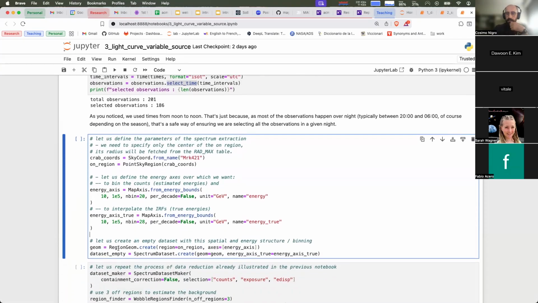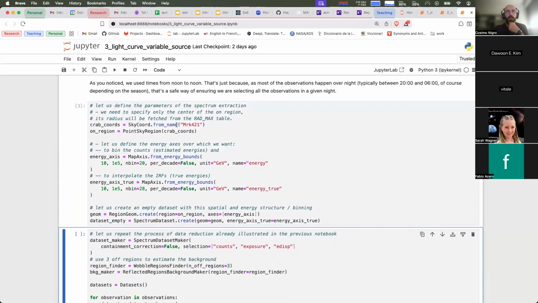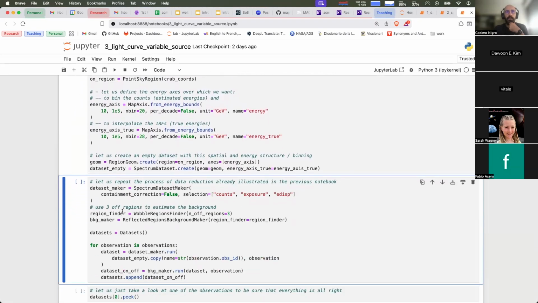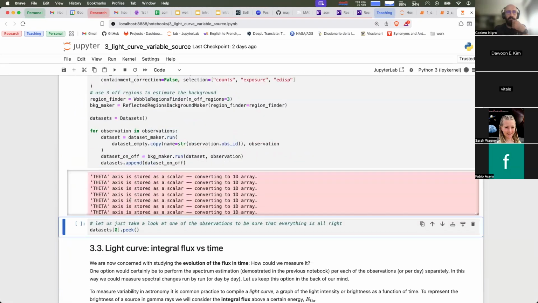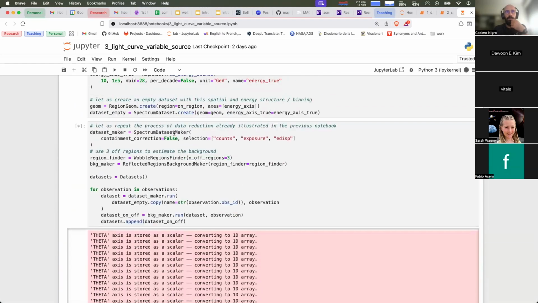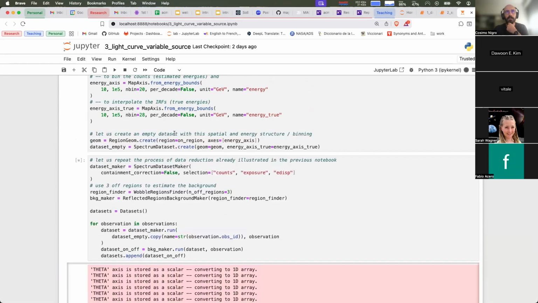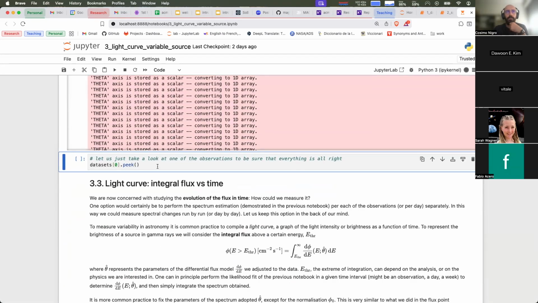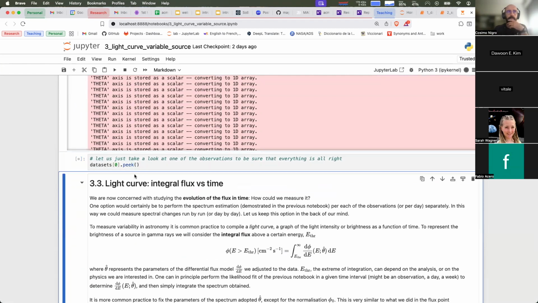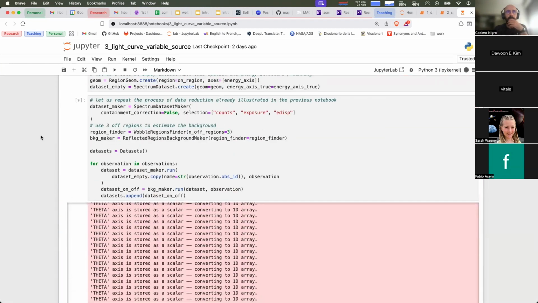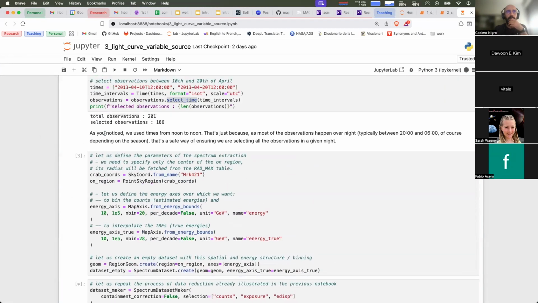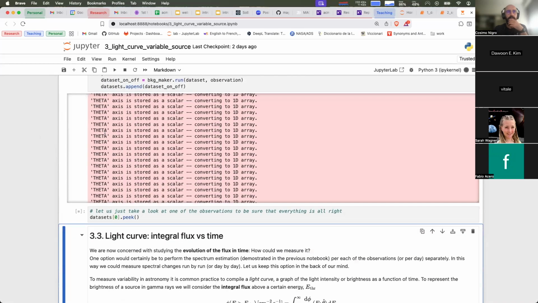Here is basically the same process that we did before. So coordinates of the source, the two energy axes, we create the dataset and we fill it. We use 3 off regions, okay? So exactly the same as we did for the Crab. I think it will take a minute because there are 186 observations.